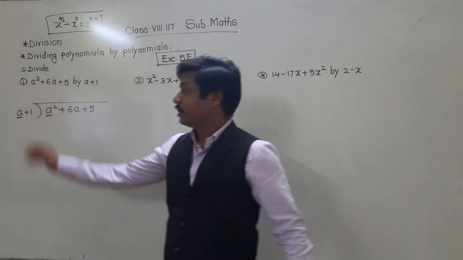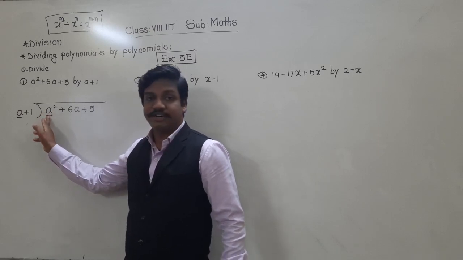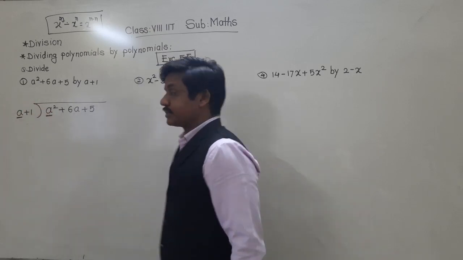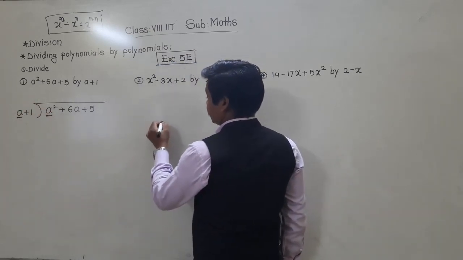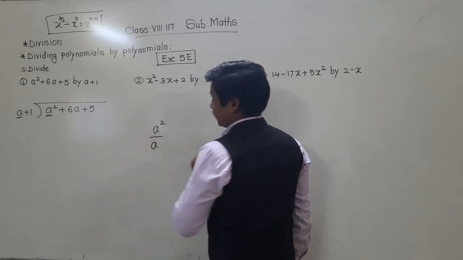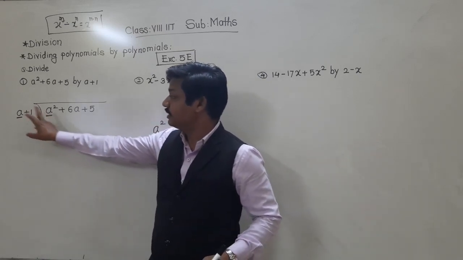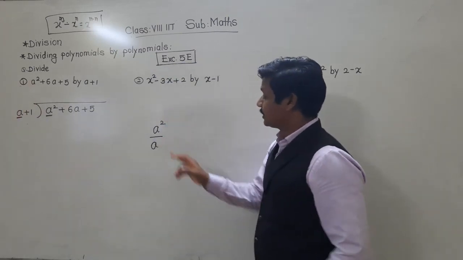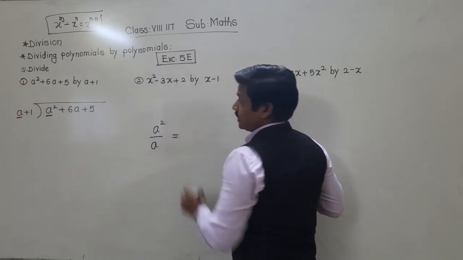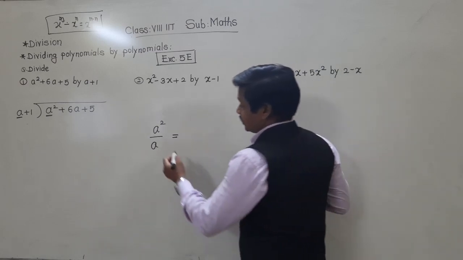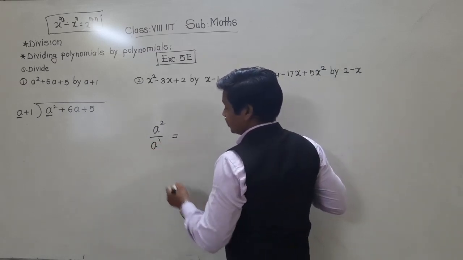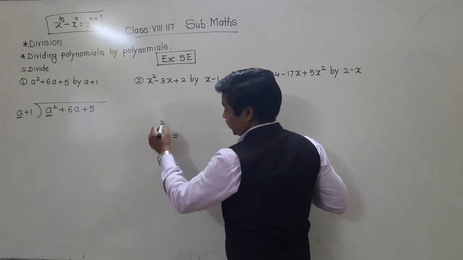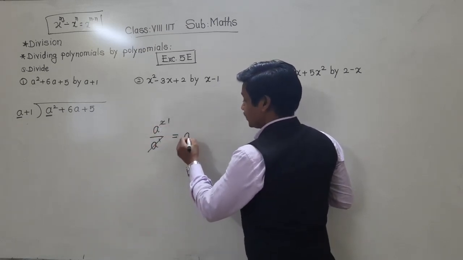So divide the first term of the dividend by the first term of the divisor: a square divided by a. What answer will you get? See, this a has exponent 1, so 2 minus 1 remains 1. So a raised to 1 remains, that is a itself.